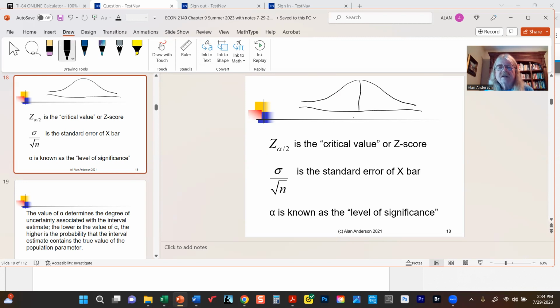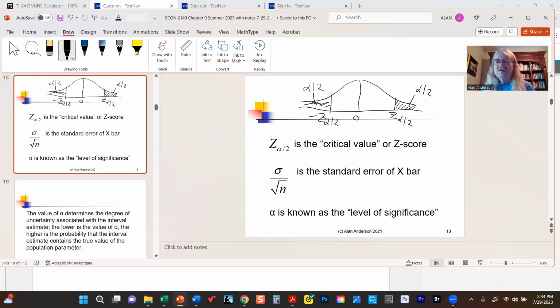So for example, we could have Z alpha over 2 here, and the negative would be here. What does it mean? It means the area in this right tail is alpha over 2, and this area in the left tail is also, because of the symmetry of this distribution, alpha over 2.